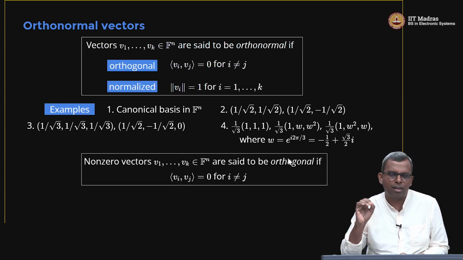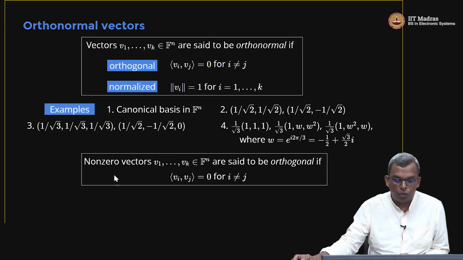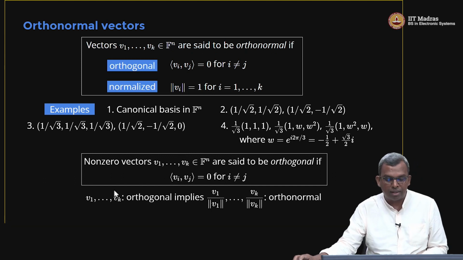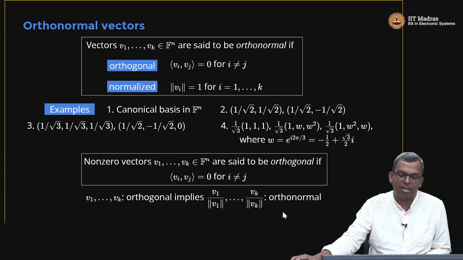So, here is just one nice fact. If you have non-zero vectors v1 to vk that are orthogonal, okay, we'll say non-zero vectors are orthogonal if they are mutually orthogonal, that is, for i not equal to j. So if you just have these kind of orthogonal vectors, you can make them orthonormal very easily, right? You just take each vi and divide by its norm. The orthogonality is not going to be sacrificed, right?